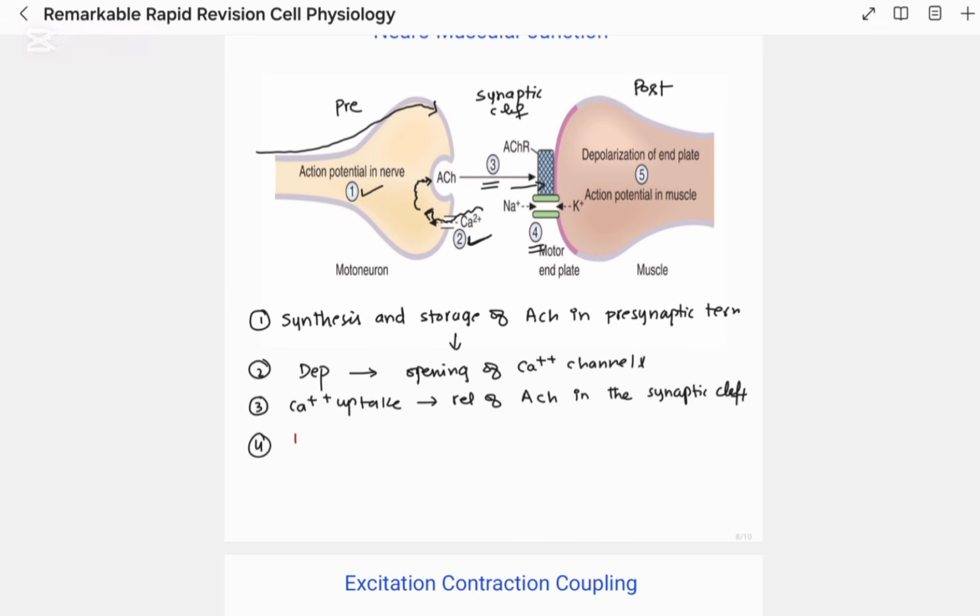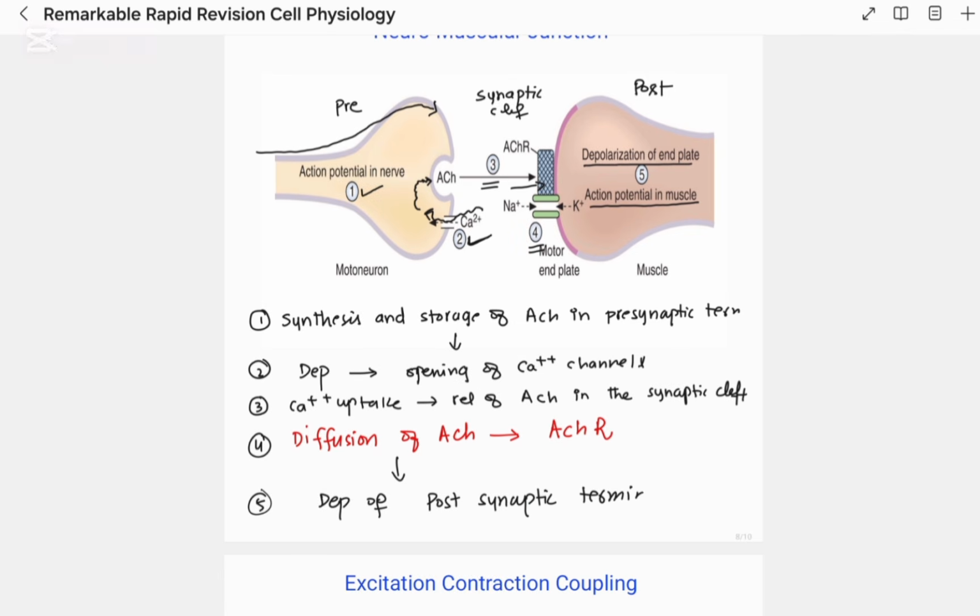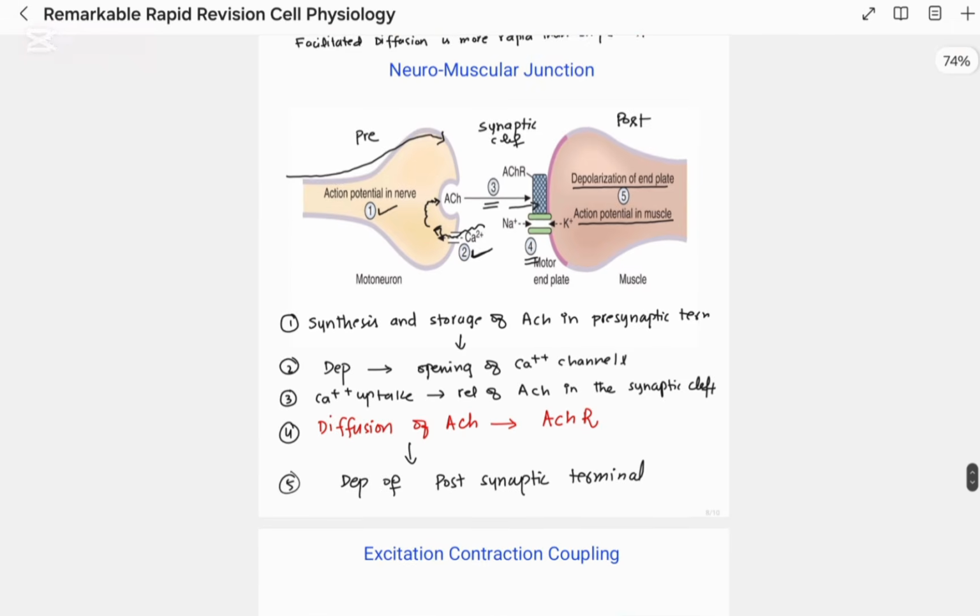So in fourth step, there is diffusion of acetylcholine towards the acetylcholine receptors, and eventually it will lead to the depolarization of the motor end plate, and there will be action potential in the muscle, leading to depolarization of postsynaptic terminal. So just memorize this sequence. This sequence is asked in the exam.